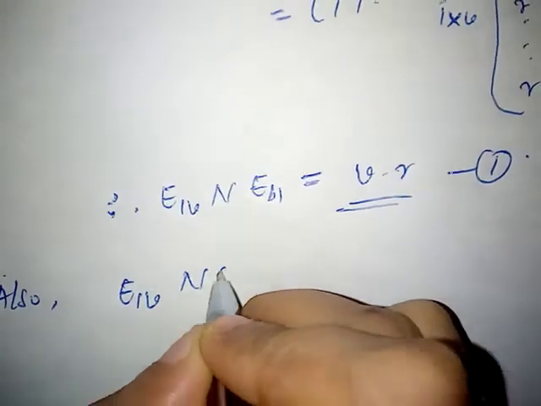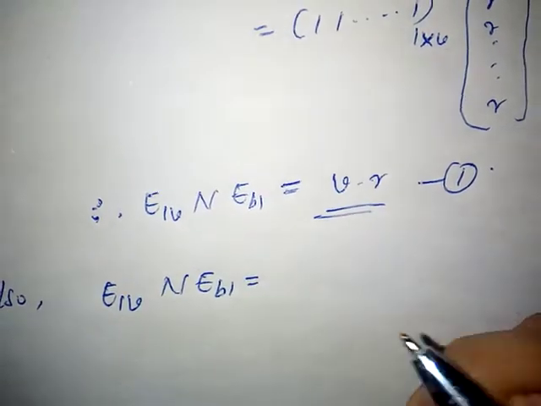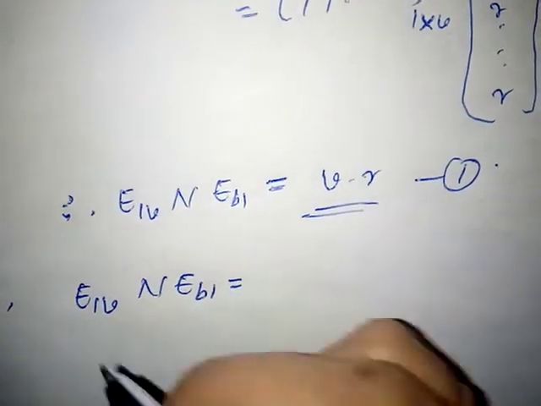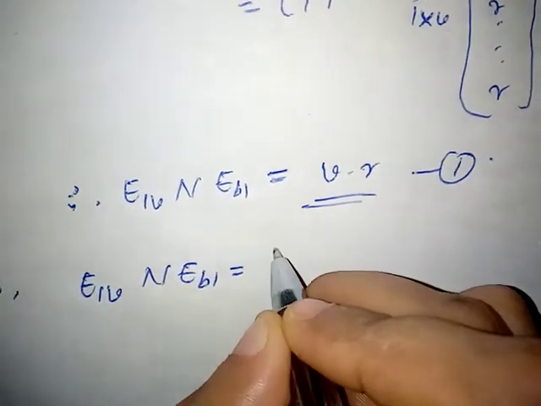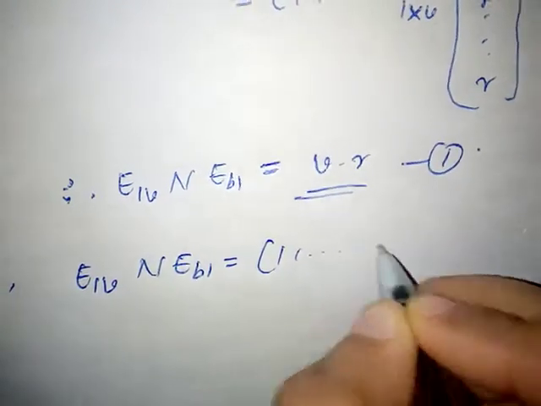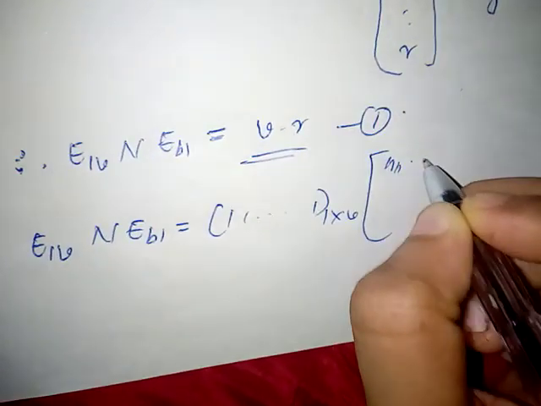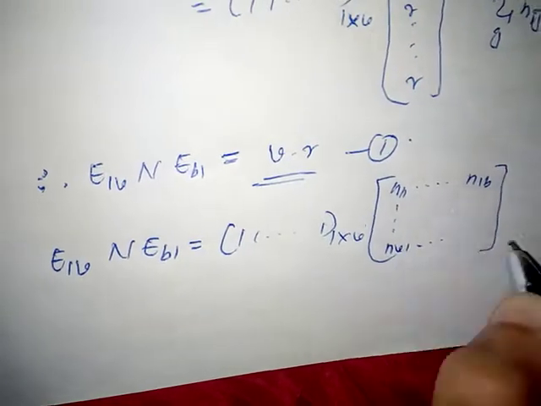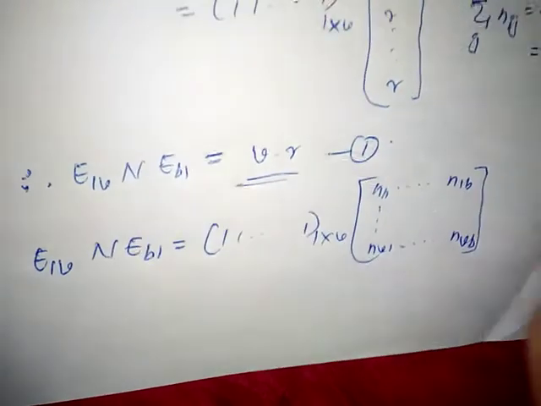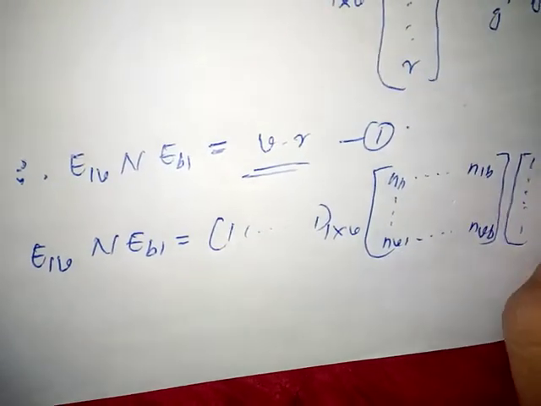Also, e1v N eb1, what is it? Similarly, it is 1, 1 so on 1 of order 1 cross v, the incidence matrix, and eb1 is a column vector of order b cross 1.